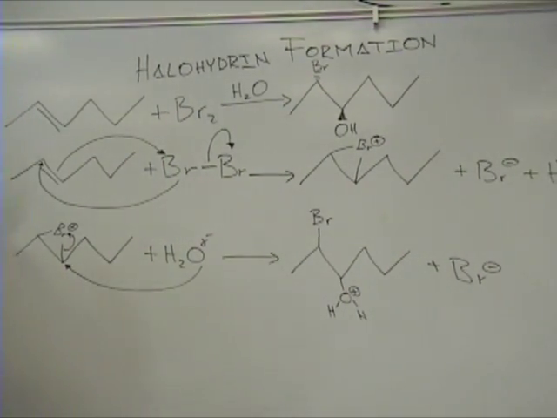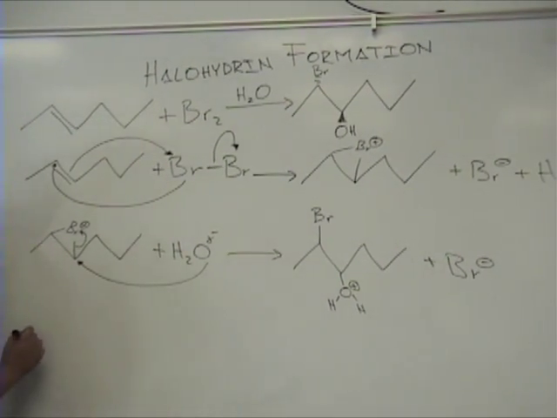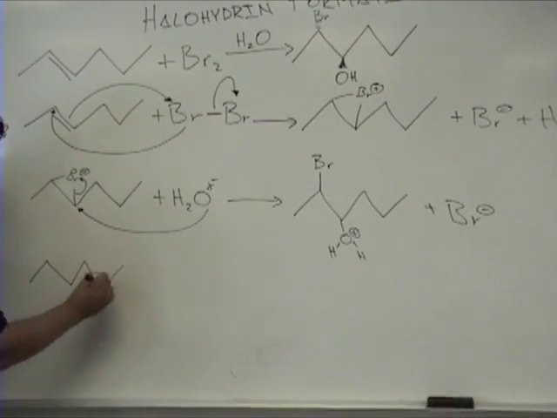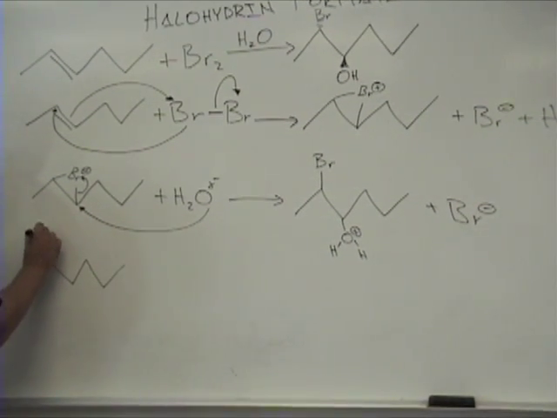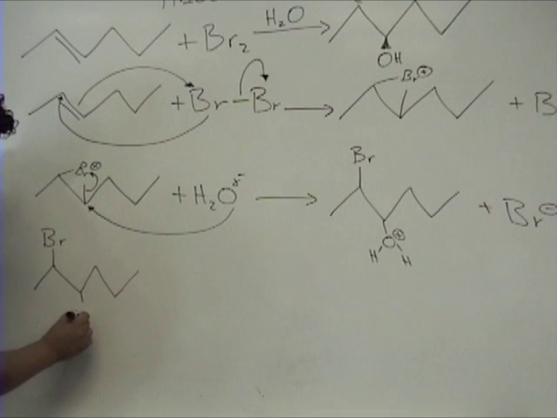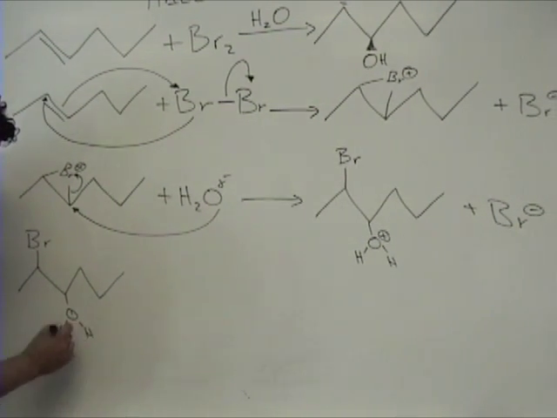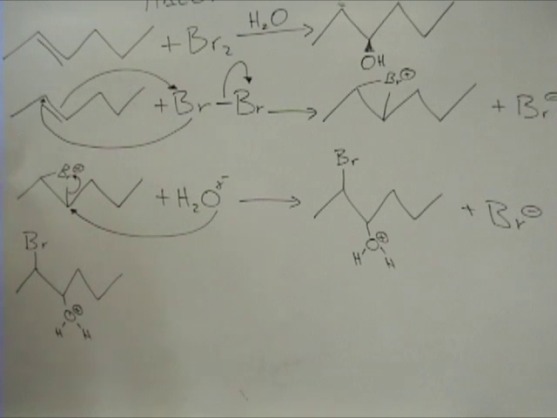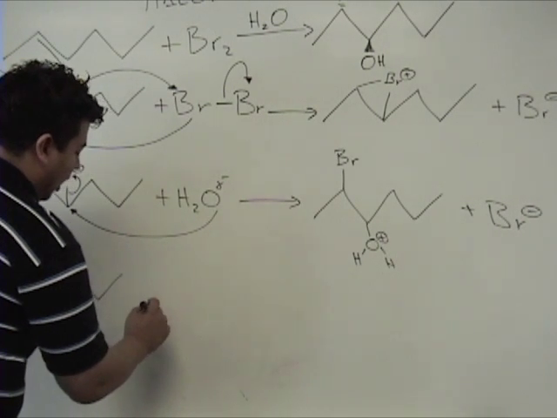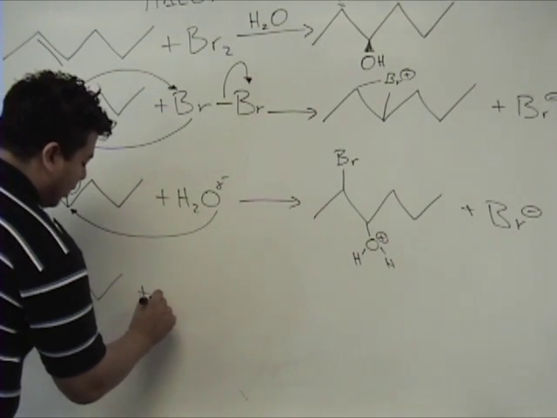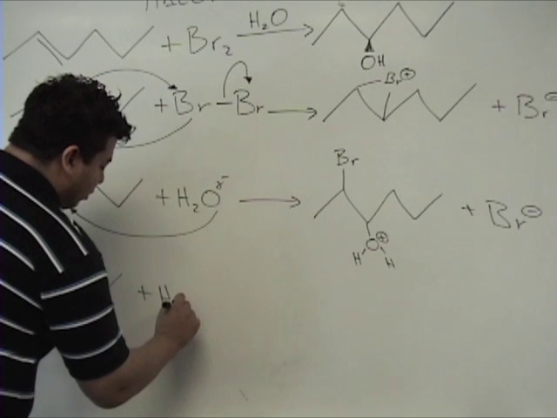Now, I'm going to copy whatever is there on this side. We have the Br here, and we have O, H, formal charge plus, and then a base is going to come, and I am going to use for a base another water molecule.